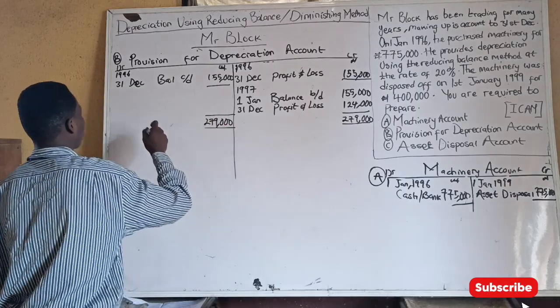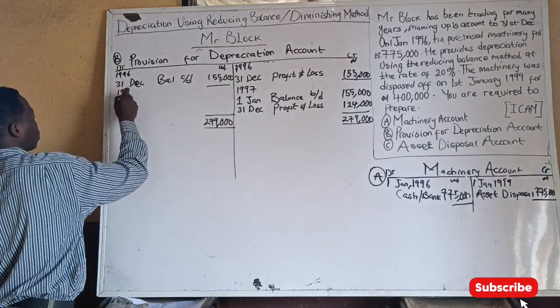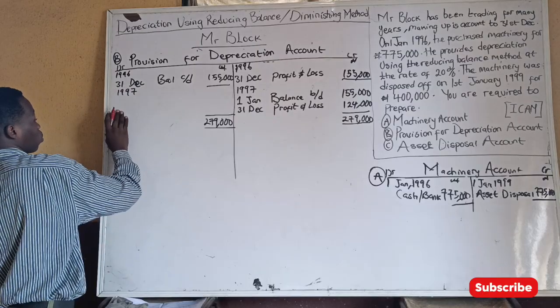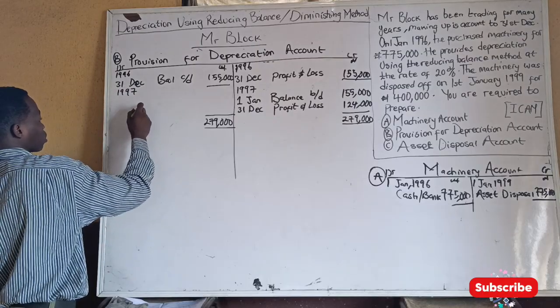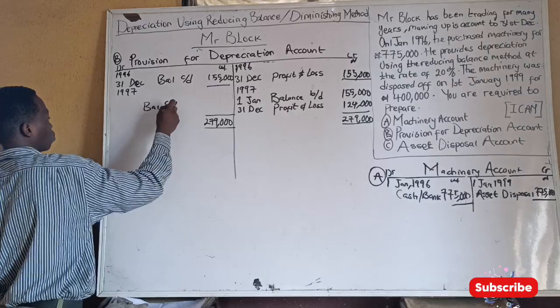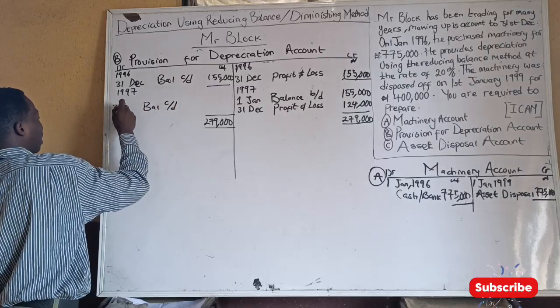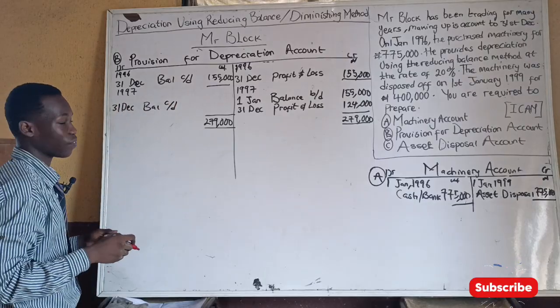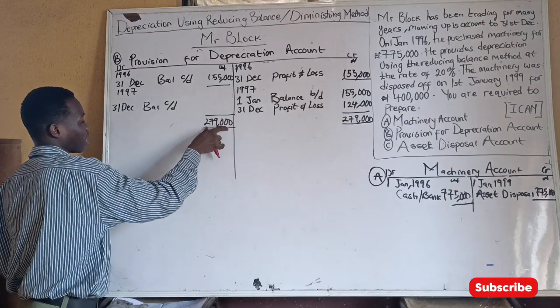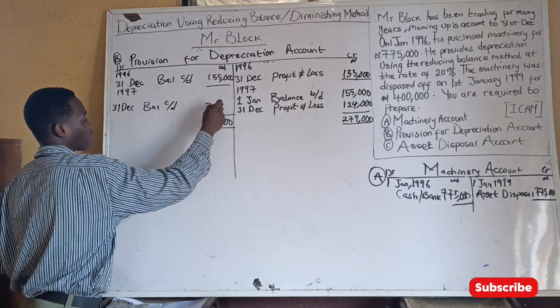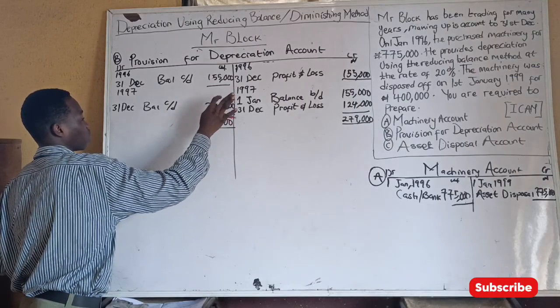Then we close this up, 279,000 naira, which simply means that for 1997 we have balance carried down, and balance carried down is for the end of the year, which is 31st December. So the balance carried down is this total, which is 279,000 naira.